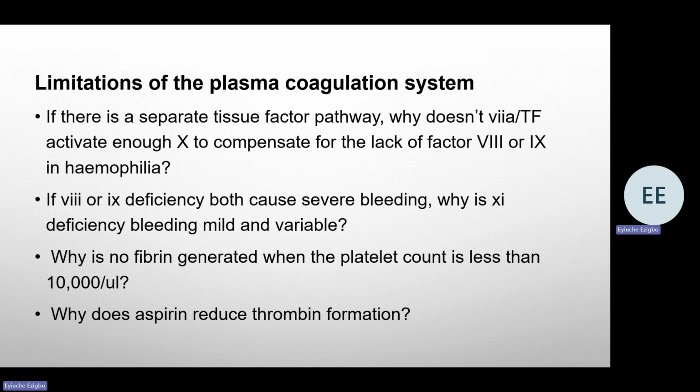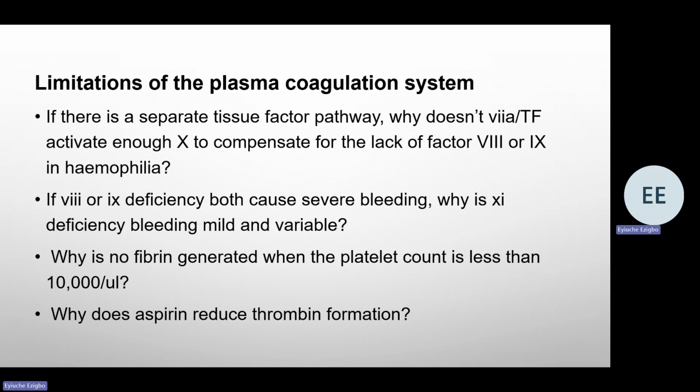Taking the classical example of hemophilia patients, they are lacking factor 8 in hemophilia A or factor 9 in hemophilia B. Since the tissue factor and factor 7 pathway is intact, why can't it generate enough factor 10 to continue the coagulation pathway?